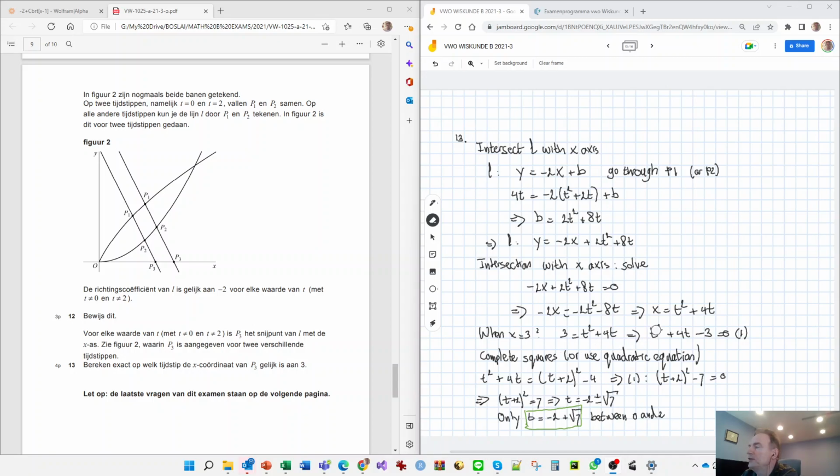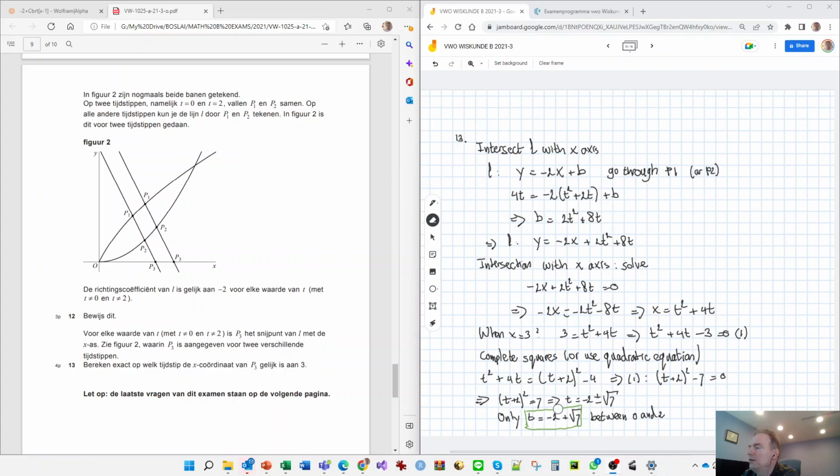And again, we have our t squared plus 4t, write it as a square. t squared plus 4t is t plus 2 squared. And then I get my t squared and 4t, but I get a number 4 too much, the 2 squared. So I need to subtract that. So we get t plus 2 squared minus 7 is 0. And then we find t is minus 2 plus or minus the square root of 7.